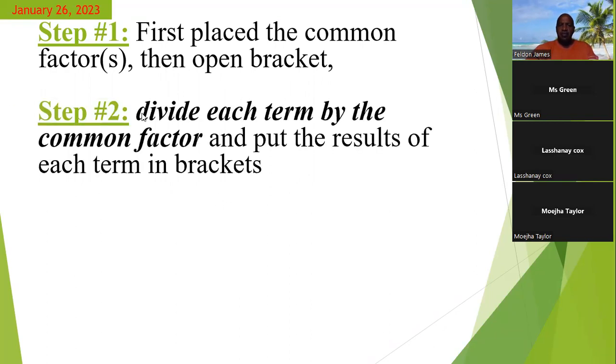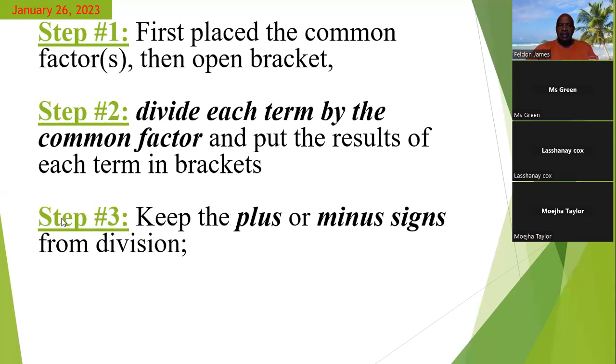Step two, when you open your brackets, the terms from where you get the common factor, you're going to divide each term in the expression by the common factor. And whatever you get as a result, you're going to put those results in the brackets.